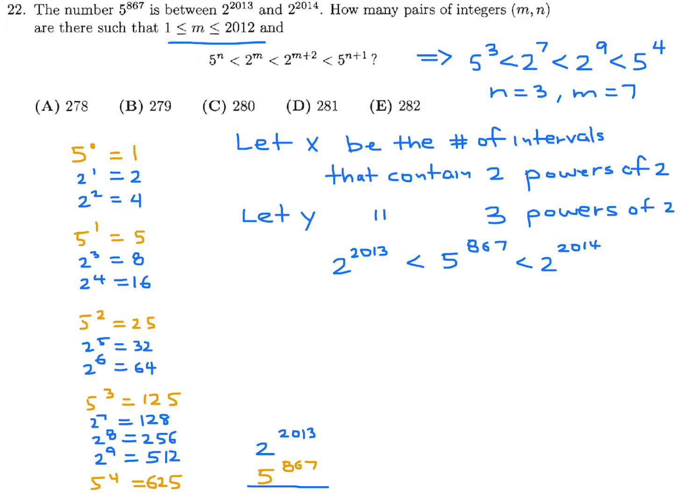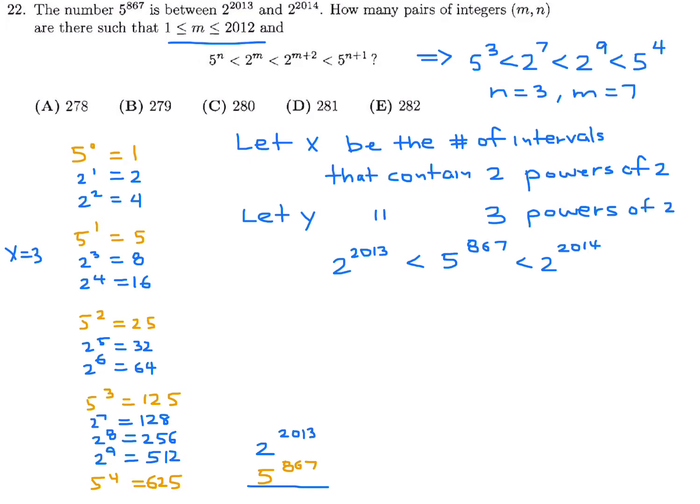Okay? So for example, if x is the number of intervals that contain 2 powers of 2, let's just talk about it here first. How many of those such intervals are there? There's 1, 2, and 3. So that means in this scenario, x would be 3. If I asked you, in this scenario or this list, what's y?